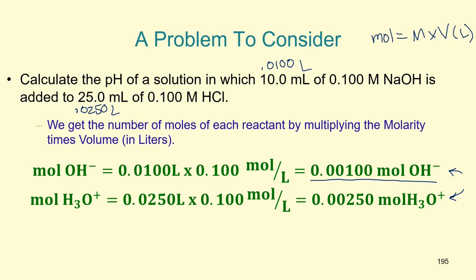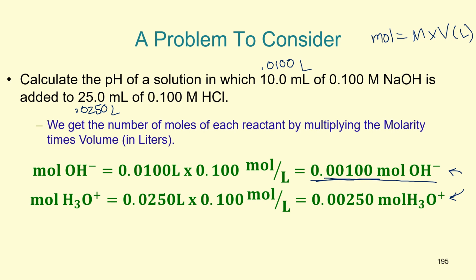So what's happened? Well, the amount of OH negative that we've added has reacted with an equal amount of H3O plus. So some of the H3O plus has decreased because we've titrated some of it. Also, we've diluted it. So two things are happening: the concentration has gone down, first because we've titrated some, second because we've diluted it by adding more volume.